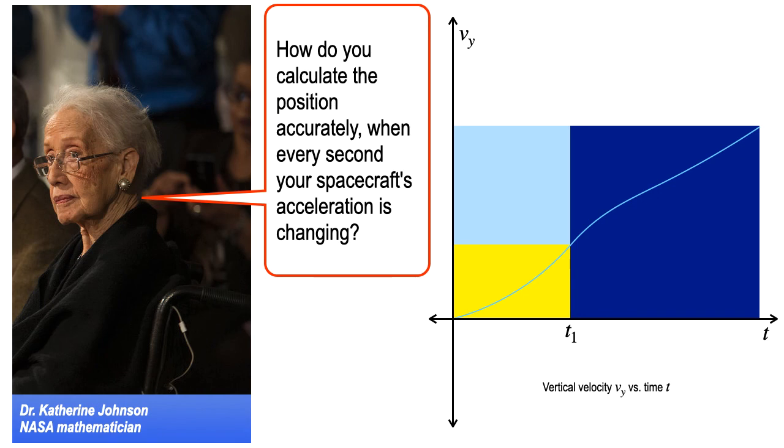And what I've got here is a graph of velocity versus time, and this one is the y component, or vertical velocity, on the vertical axis, and time is on the horizontal axis. In this graph, there's a thin blue line that rises from the lower left to the upper right.